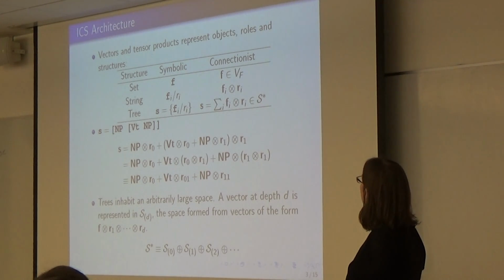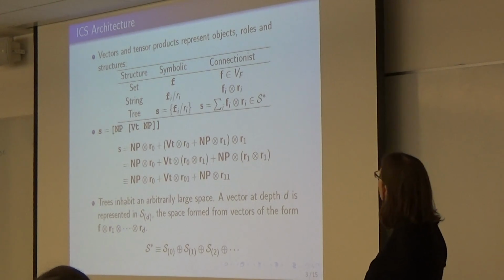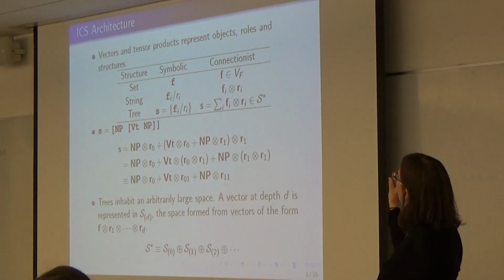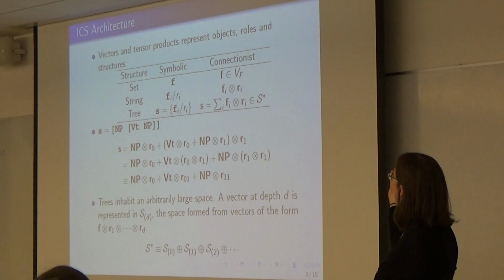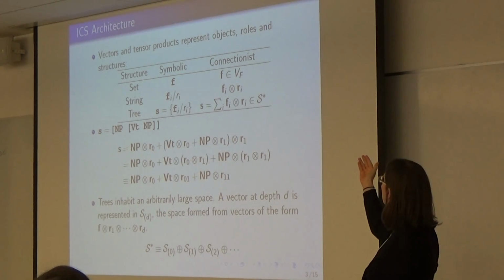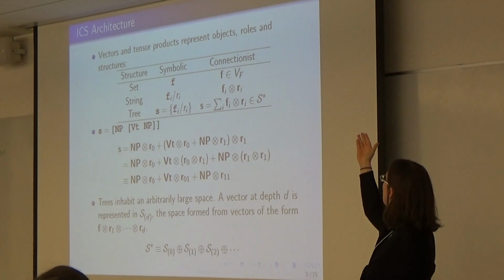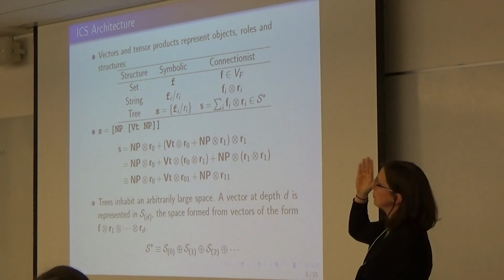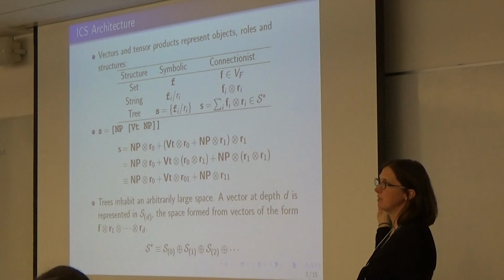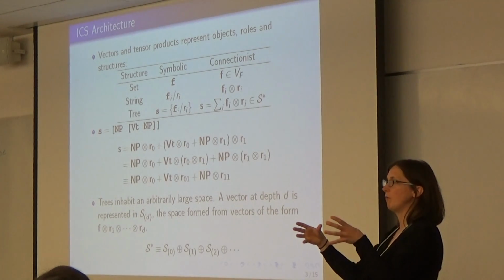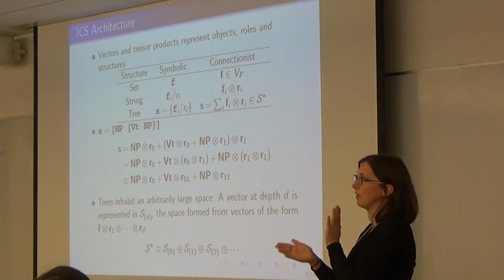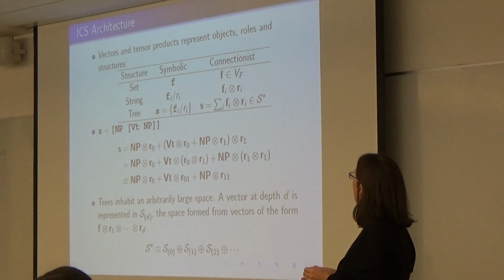Symbolically we'll call that an F, and in a connectionist model we can represent that as a filler vector. So each object is represented by a different vector, and if you've just got a set of objects, you can represent these just by adding filler vectors together.